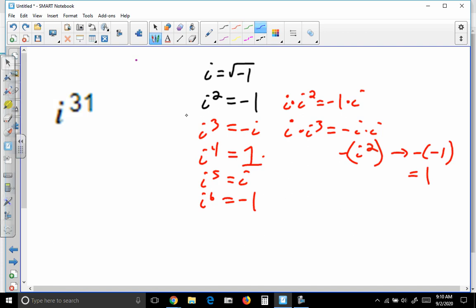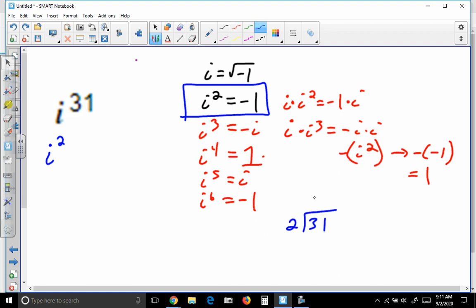But we can utilize the fact that we know what i squared is. i squared is negative 1. So let's rewrite i to the 31st. So many i squareds, and then if we have 1 left over, then times another i. So if we have 31 factors of i, times i times i, all the way to 31, let's see how many pairs we can make.